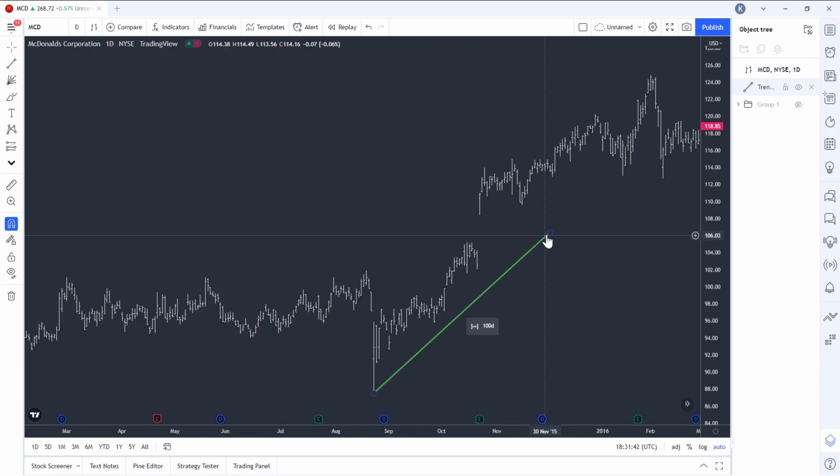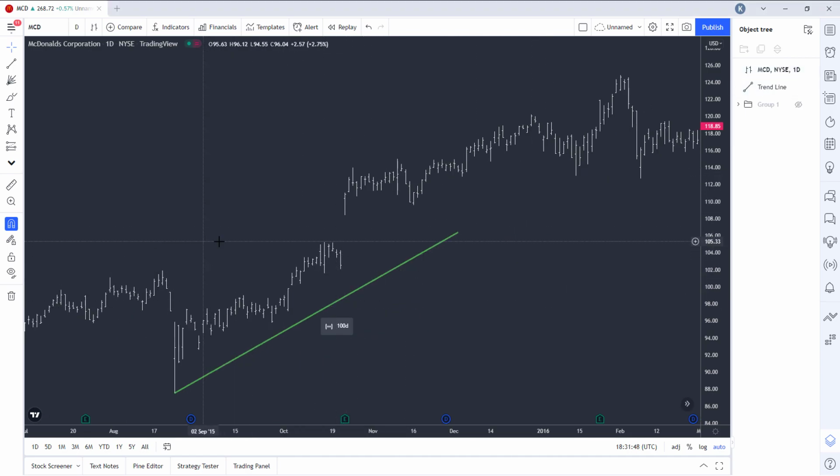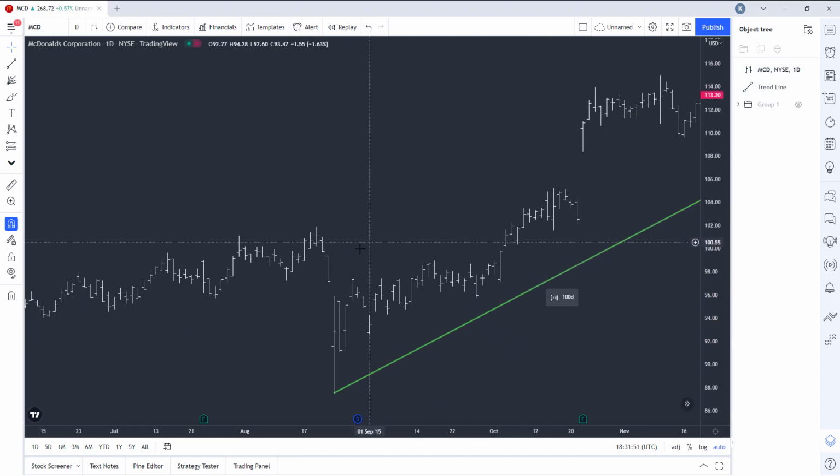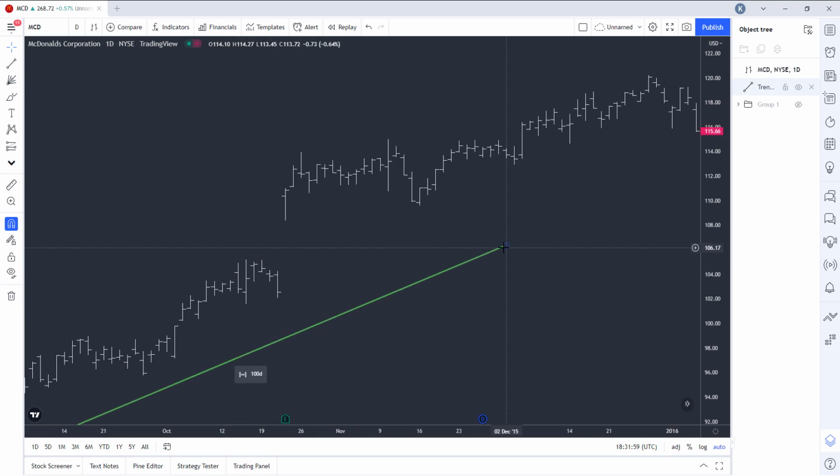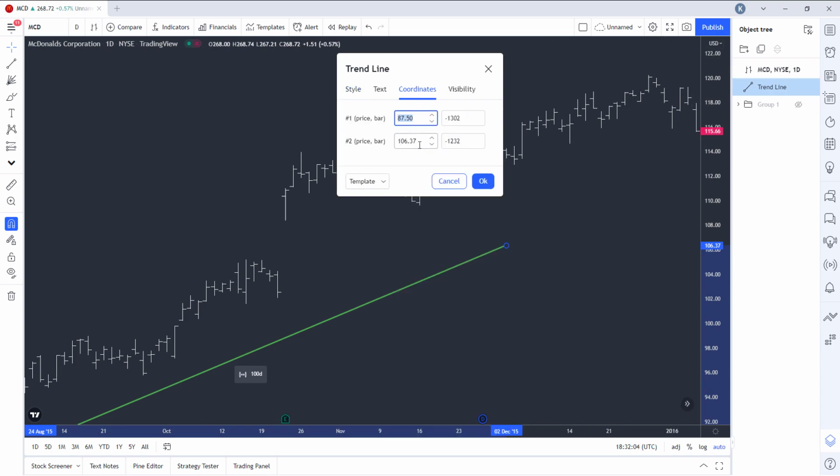So the anchoring point will be this low plus 100 points. So let's see where this low is. The low is 87.5. So we have to anchor this to 187.5.